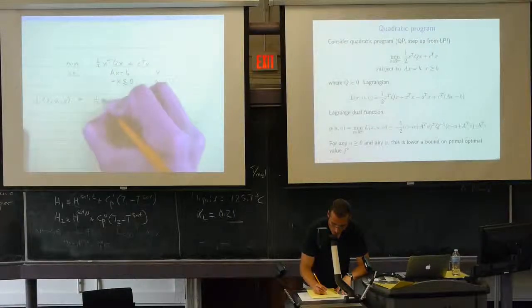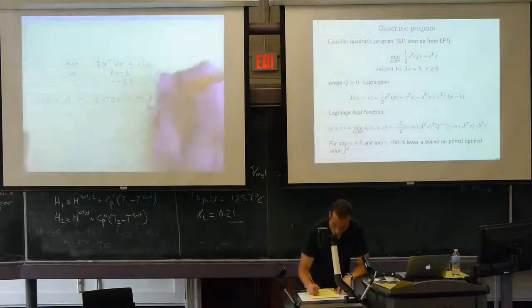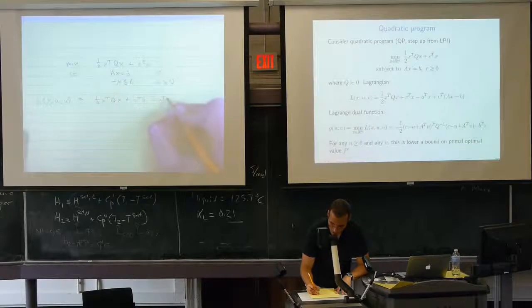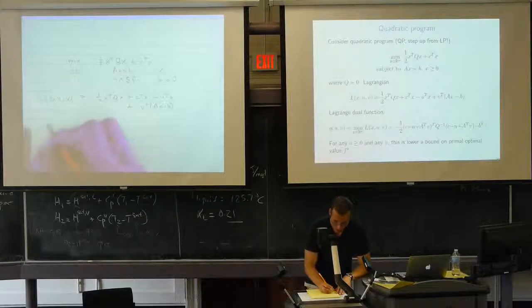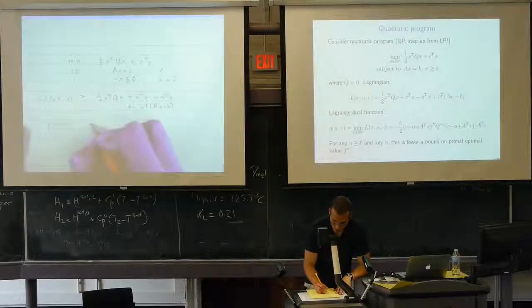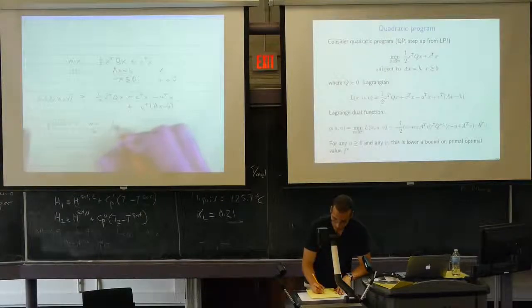So that's just going to be 1/2 x transpose Q x plus c transpose x minus u transpose x plus v transpose (A x minus b). And let's minimize this over x to get the Lagrange dual function. So remember, g of u, v is the minimum over all x, not just feasible x, but unconstrained, of L of x, u, v.